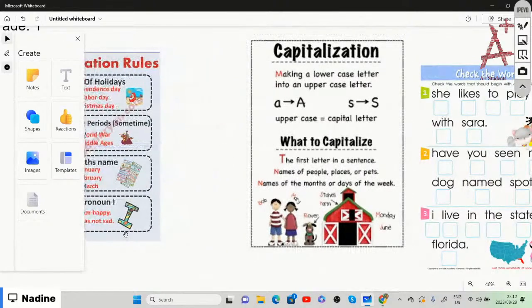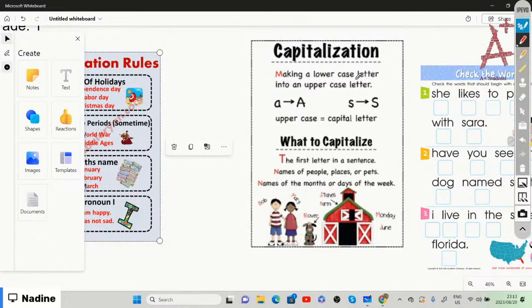So when we capitalize either a name or the first word of a sentence, the beginning of a sentence, or days of the week, months of the year, holidays and so on, we are making the lowercase letter, a letter that is written with a small letter, into an uppercase letter.